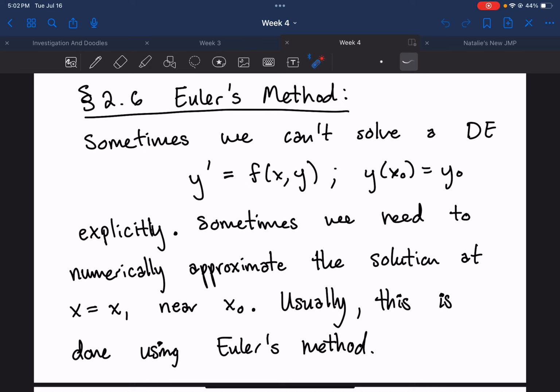A human can do Euler's method, maybe 20 steps. If you're very careful and very focused, you can maybe get a 20-step approximation. But the computer can do a 10 million step approximation.